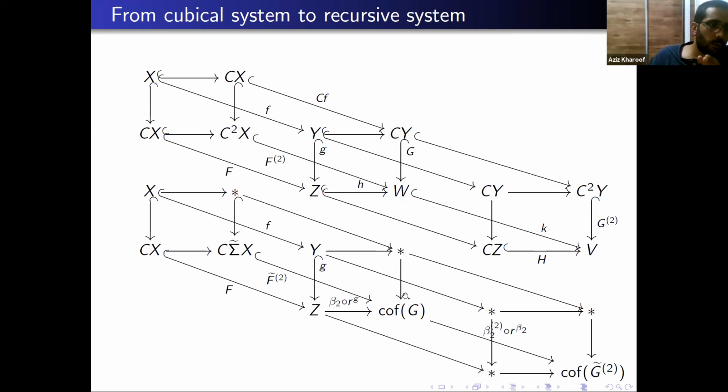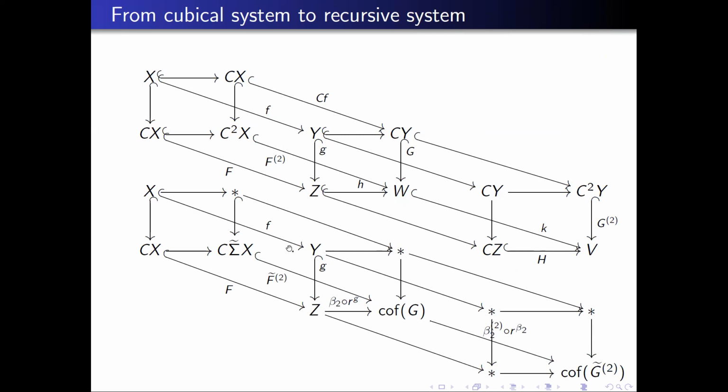And you now want to go back to get a cubical Toda system as a cofibrant replacement. So you can choose this to be the cofibrant replacement of this. So it's a choice. In one direction, it's a choice. In the other direction, it's something natural.